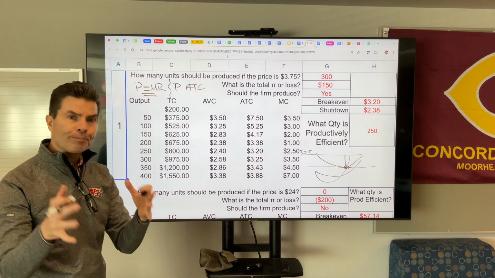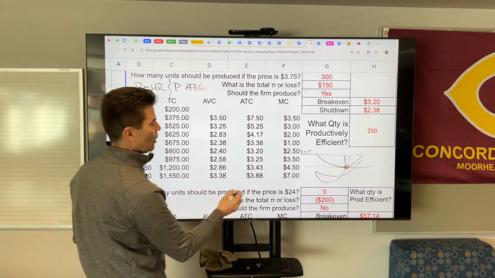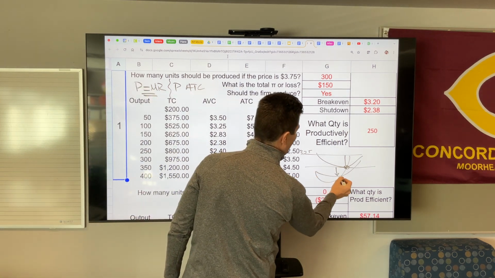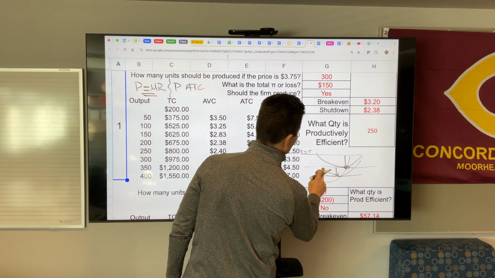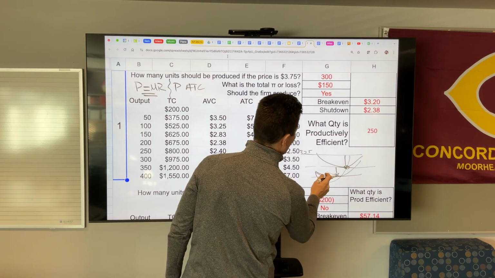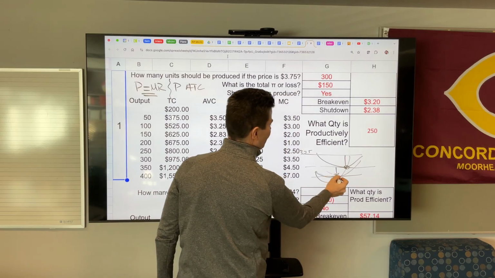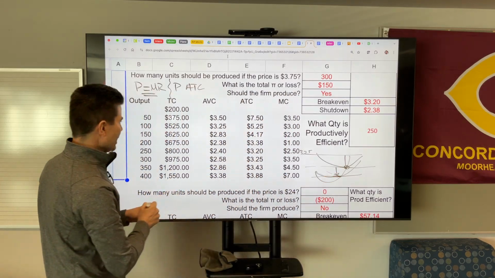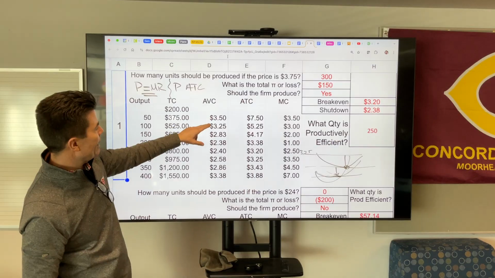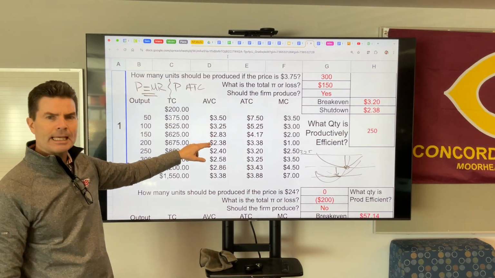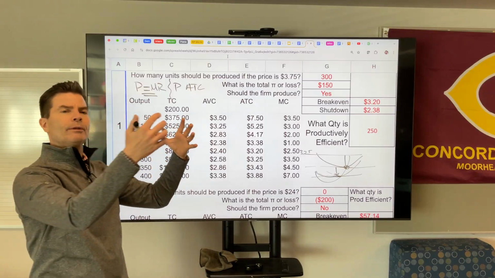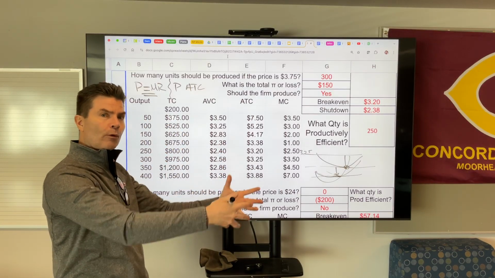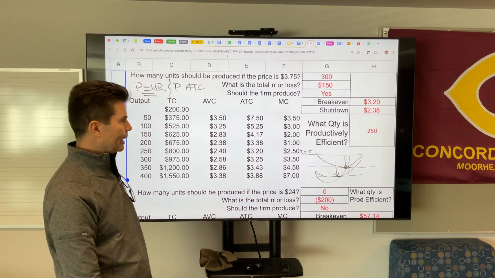Where's the shutdown point? You would shut down if this price drops to the minimum of your AVC. In that case, your minimum of your AVC is $2.38, because that's the lowest point here. So again, we're transferring the learning from before, and now we're applying it.